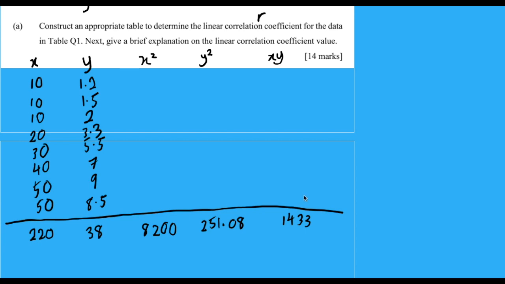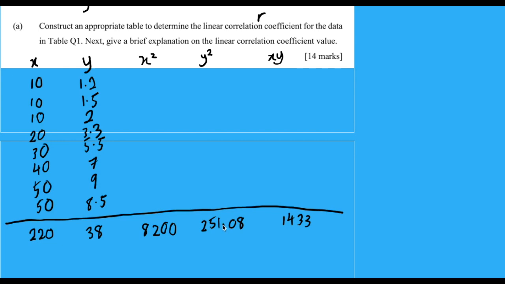Okay, so we have these values and now we are supposed to calculate the values of the sum of squares of xy, xx and yy. Now, in your exam, in order to save time, I would straight away calculate the sum of squares of xy, xx, yy, calculate your r.